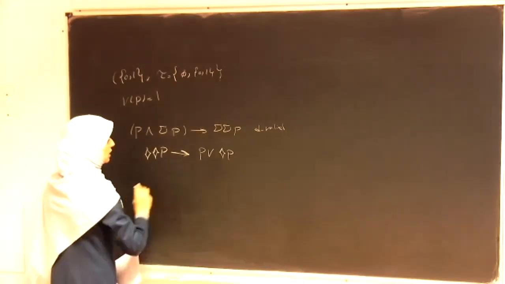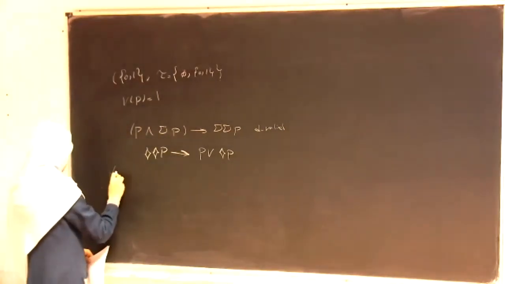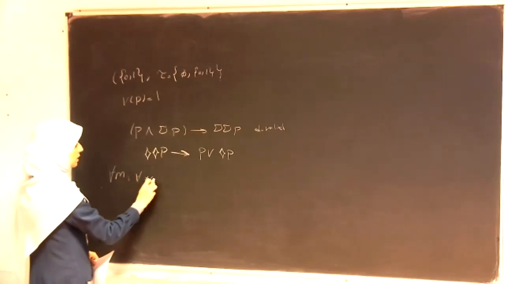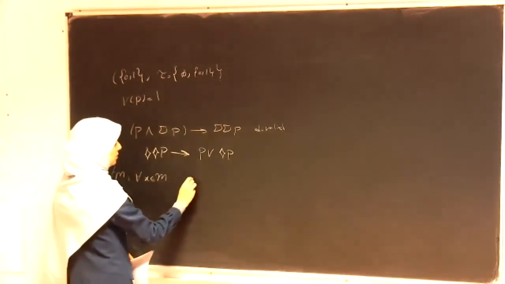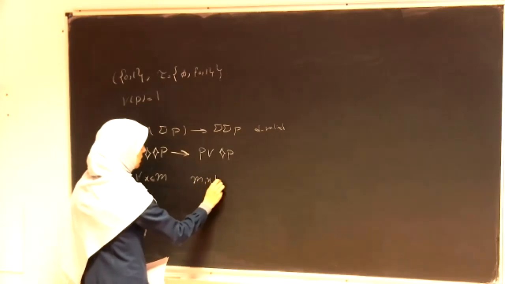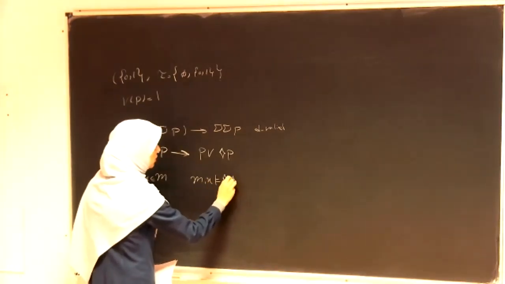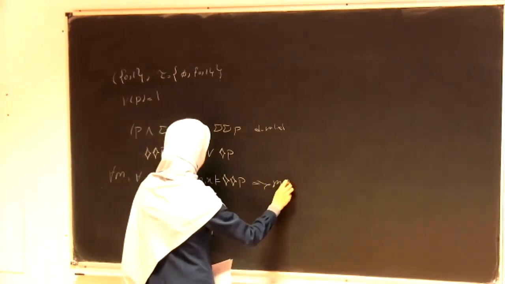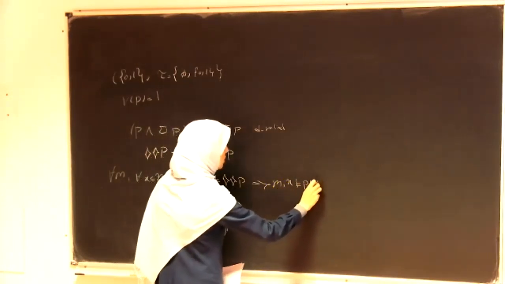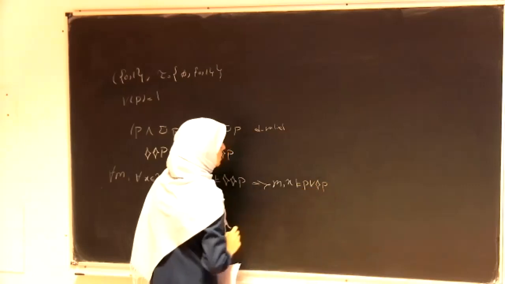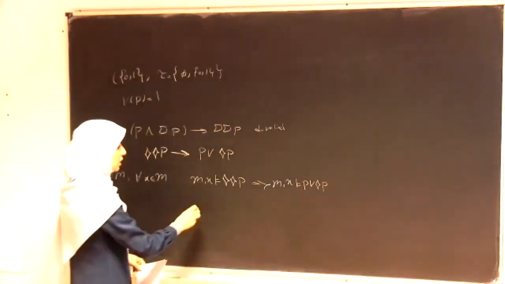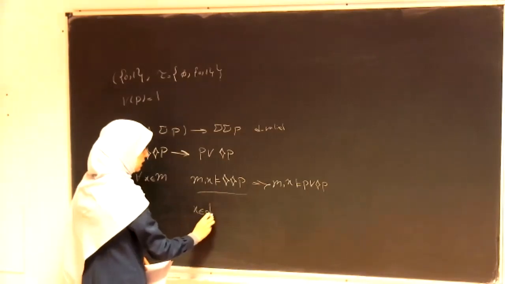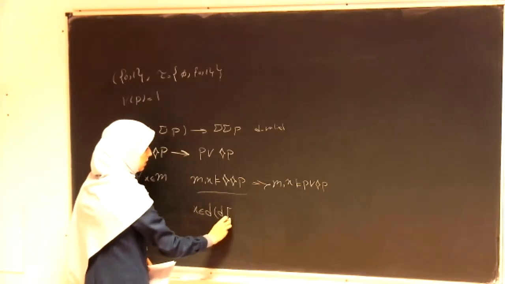So if I want to show that this is valid, I have to show that for any model M and for any x in M, if diamond of p is true in x, then p or diamond of p is true in x. If diamond of p is true in x, it means that x is in d of p.